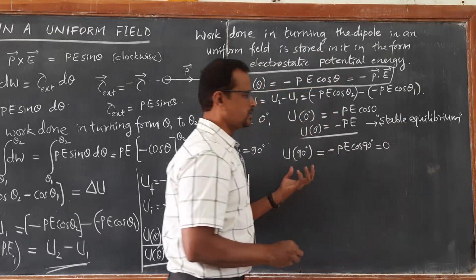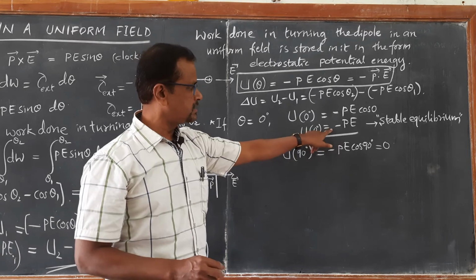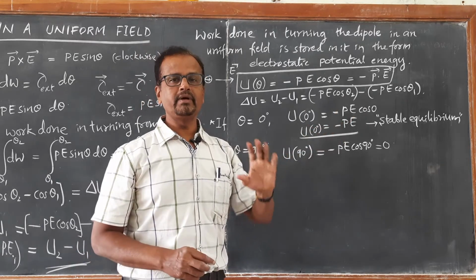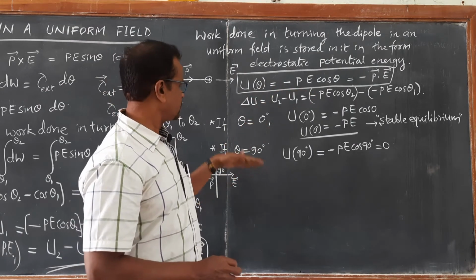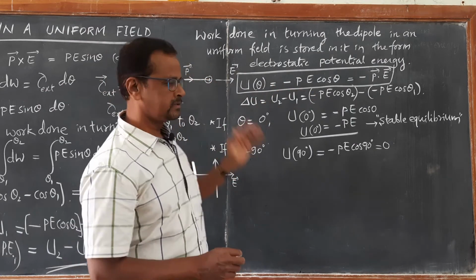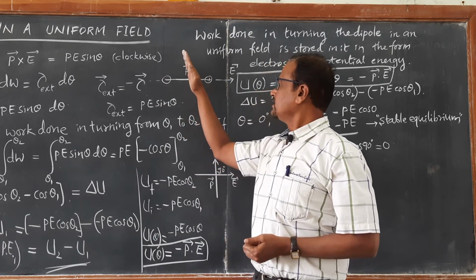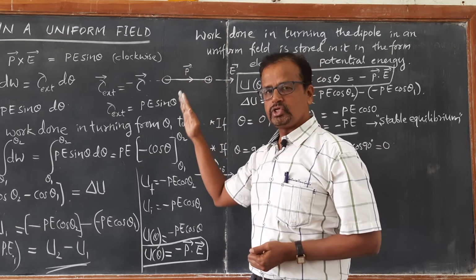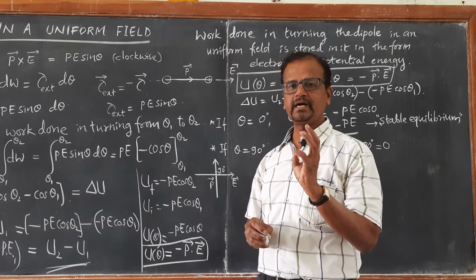So, 0 does not mean that it is having minimum energy, because minimum energy is minus Pe when it is aligned along the direction of the external electric field. When the dipole is turned through 90 degree, it is having 0 potential energy, but 0 potential energy does not mean that it is minimum energy.